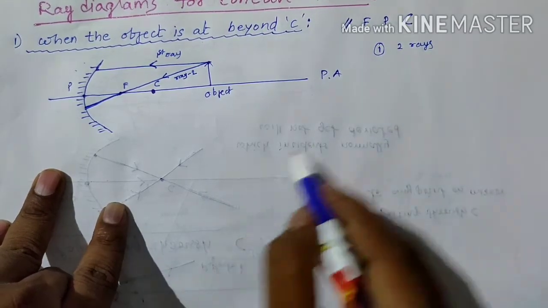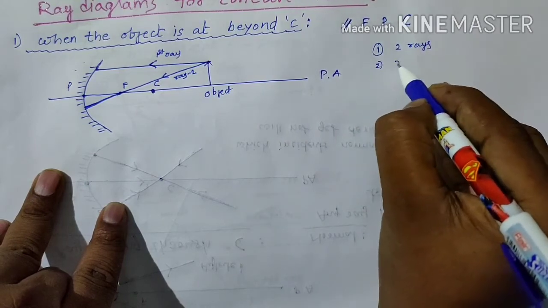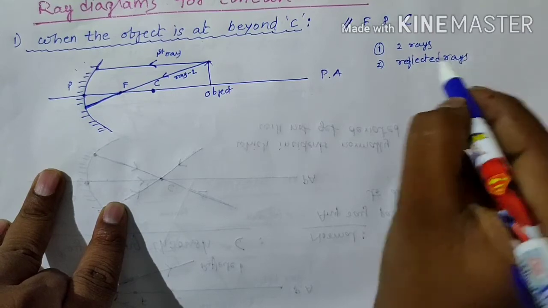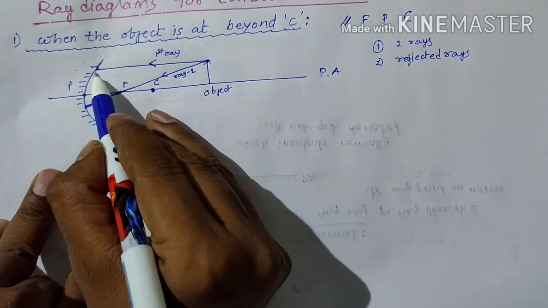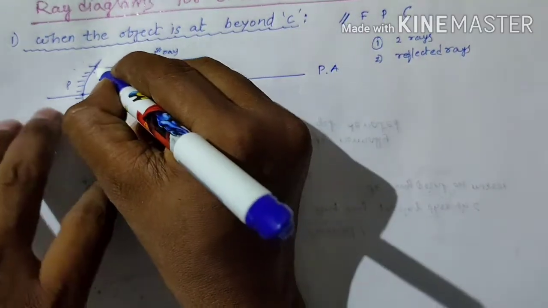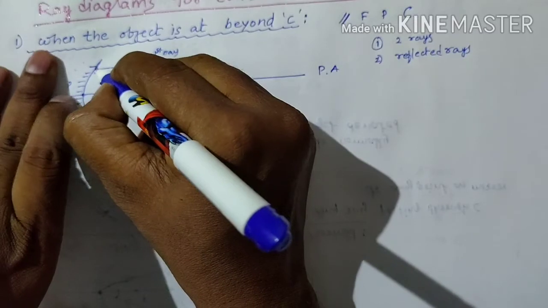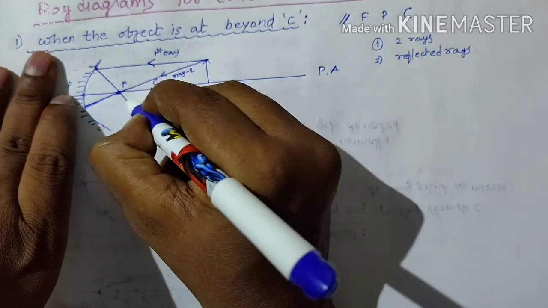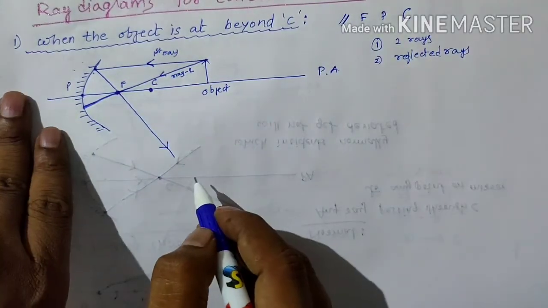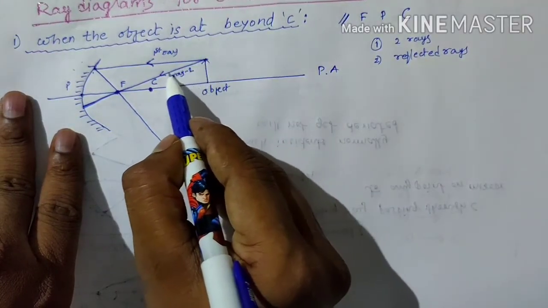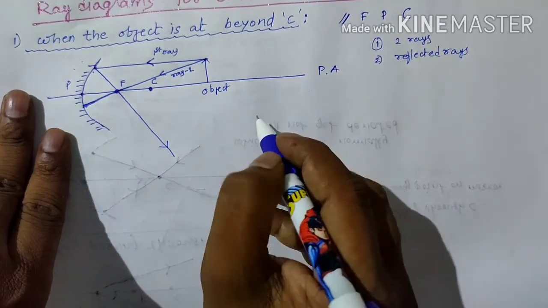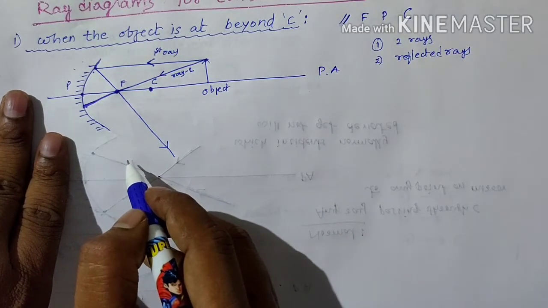Then you have to draw the reflected rays. You know that every parallel ray will get reflected through the focus. So the reflected ray should pass through the focus. This is the reflected ray. Every ray passing through the focus will be reflected parallel to the principal axis.